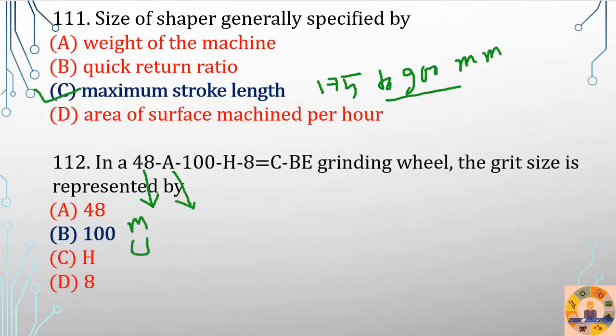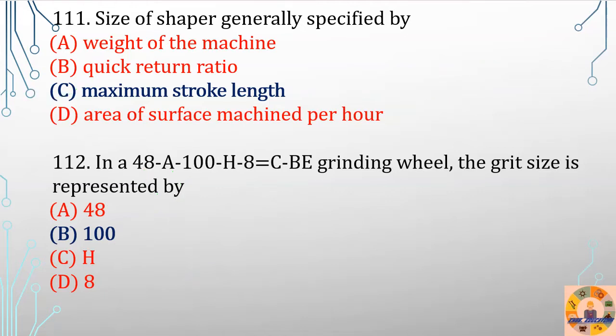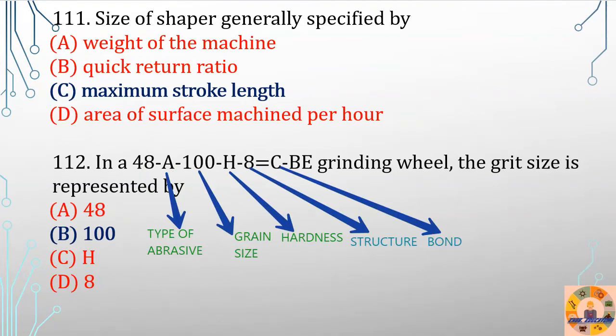A represents the type of abrasive, that is Al2O3, and 100 represents grain size, that means grit size.